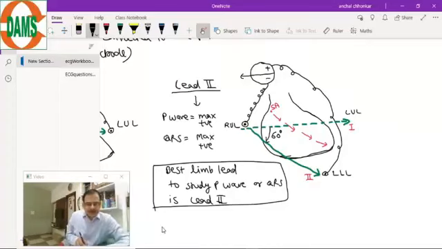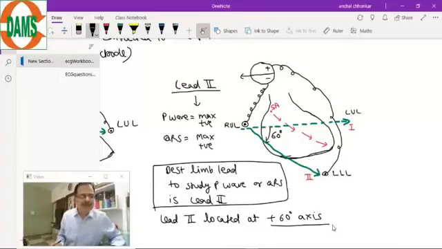That means lead 2 is located at the plus 60 degree axis. So lead 2 is located in relation to lead 1 at a 60 degree angle.